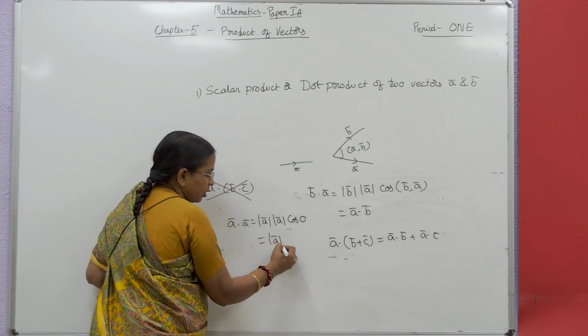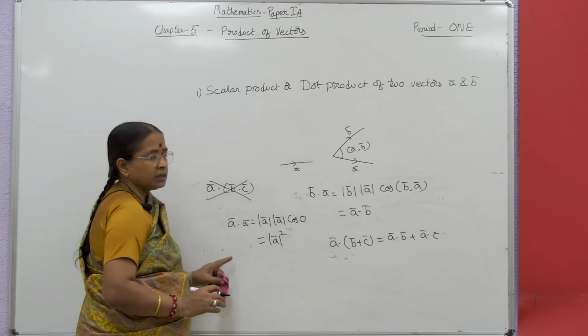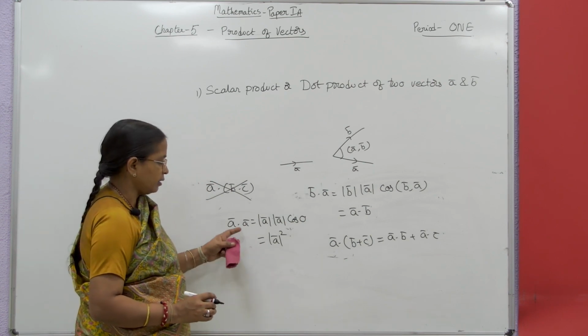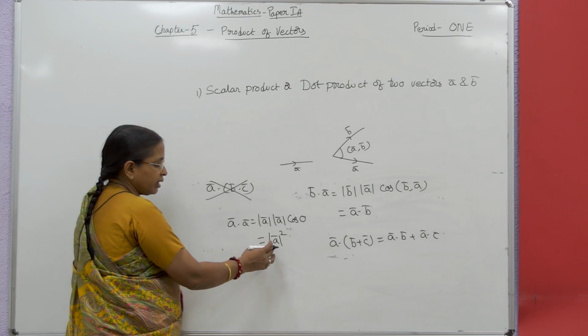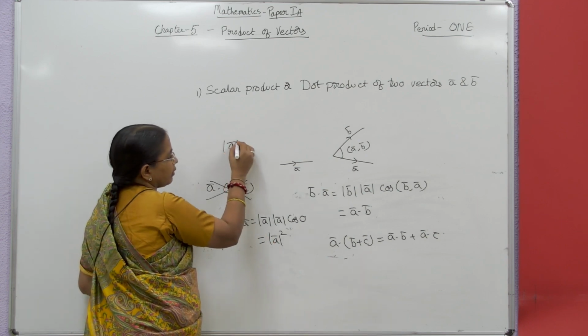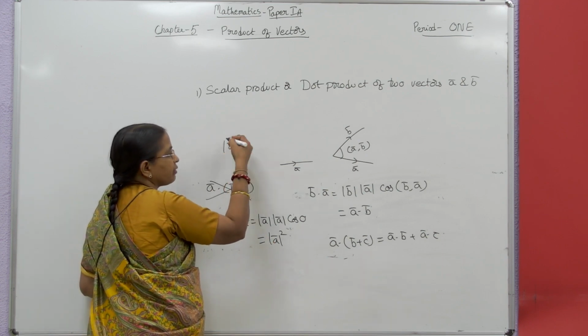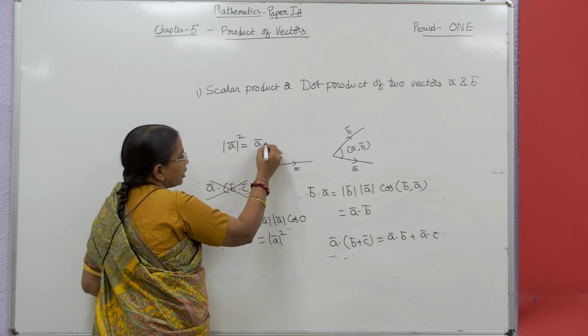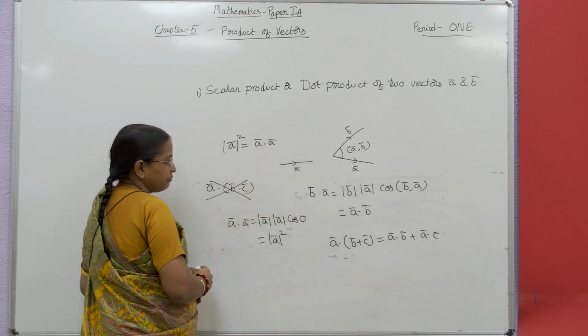So it is mod A square. So A dot A is equal to mod A square. This property is very, very important, and in most of the problems, wherever we come across mod A, we'll square on both sides, write mod A square as A dot A, and then use this definition.